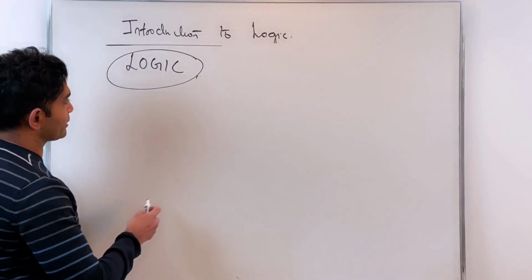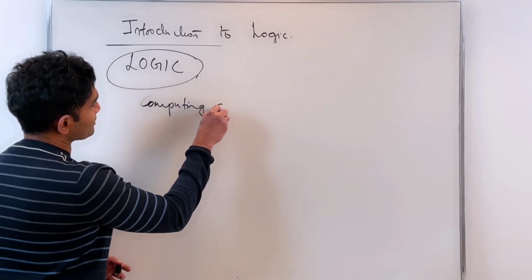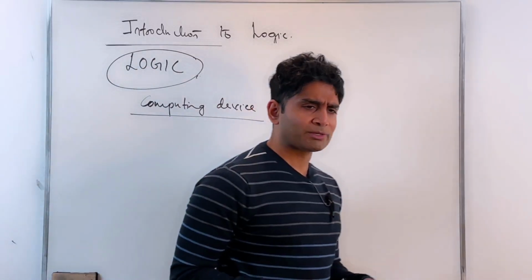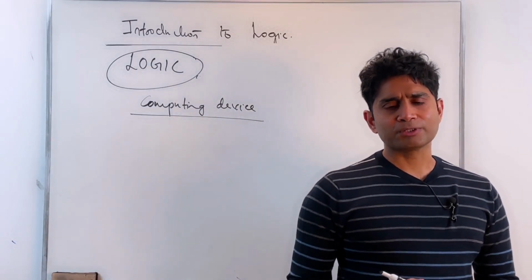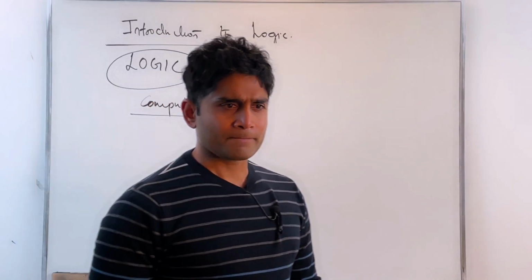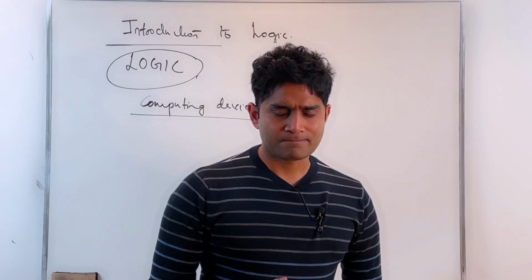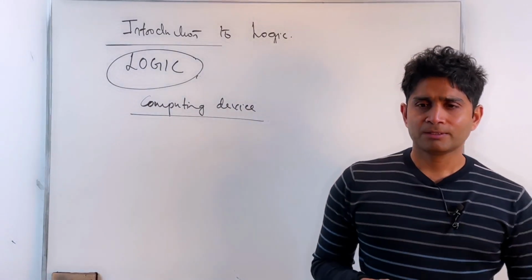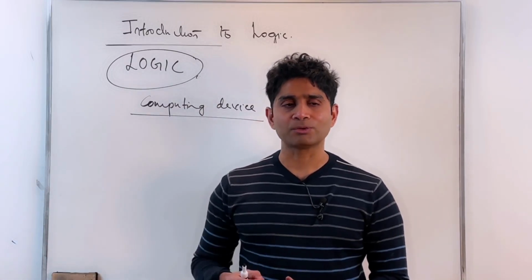Let's say you're the engineers working on building the hardware for a computing device. What are the things that you need to take care of while you're designing it? Any ideas from the class? What are the characteristics that you would like in your device?